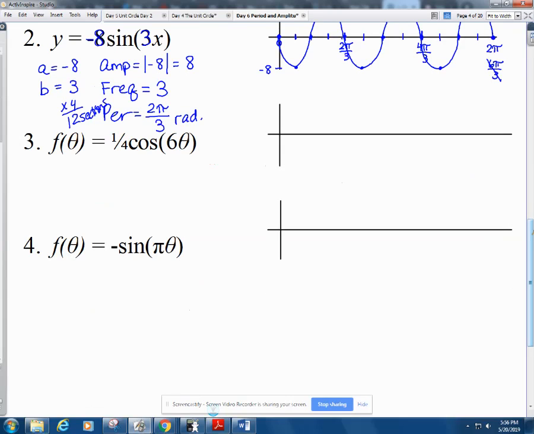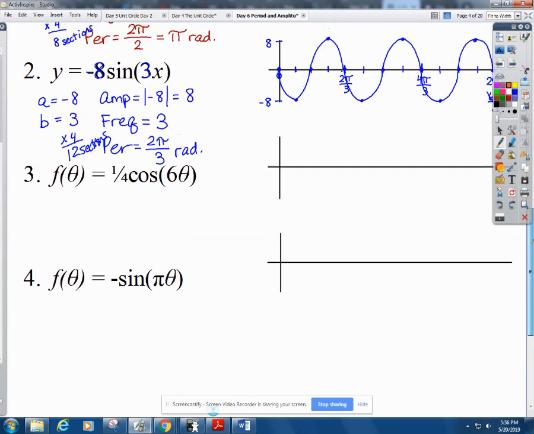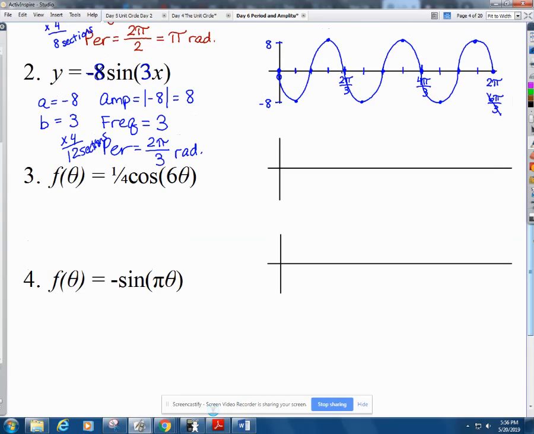Okay, I think I'm going to do this one with you also. I'll probably just do all 4 because they're kind of hard. All right, in this one, your A value is 1/4. B equals 6. Amplitude is the absolute value of a fourth, which is 1/4.